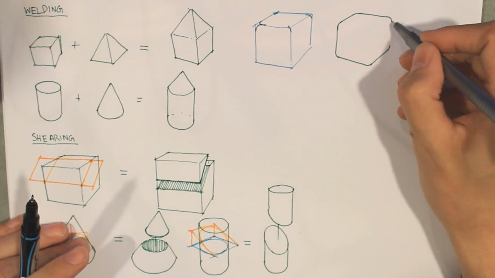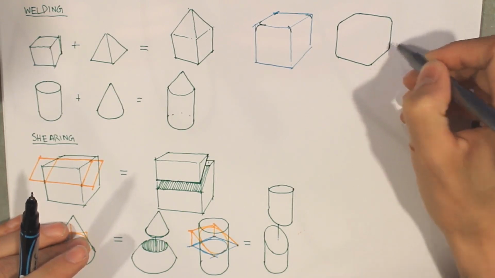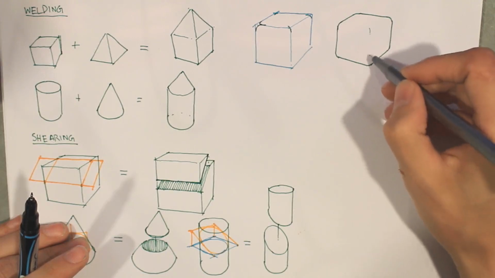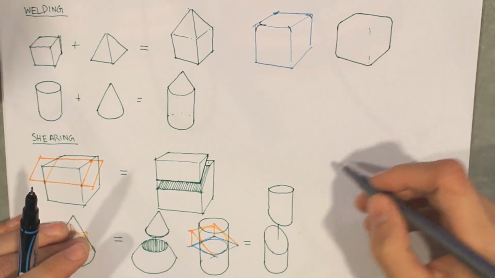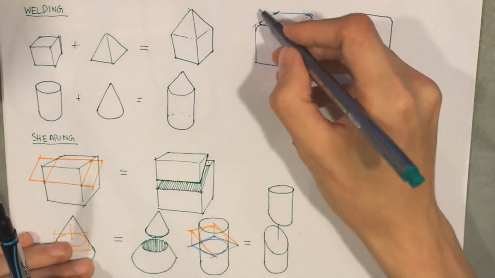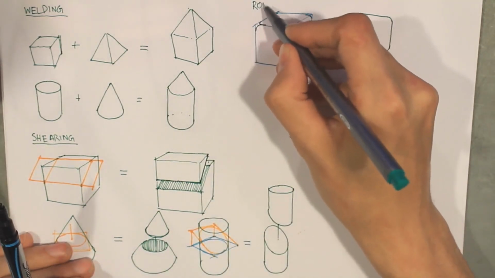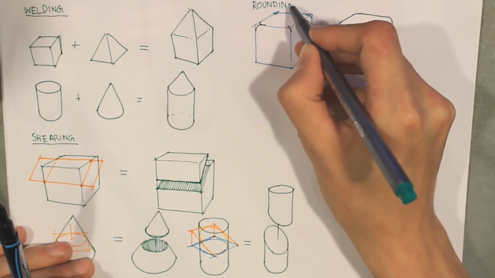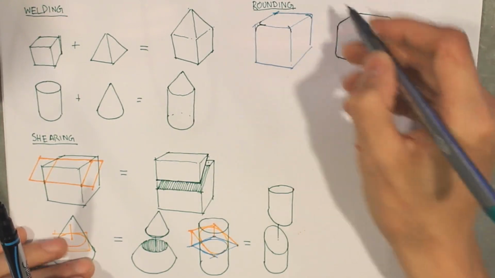I'm essentially just taking those corners and just imagine filing them down. Yeah, that one's pretty intuitive.